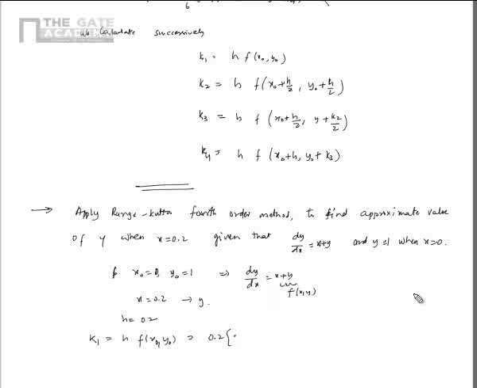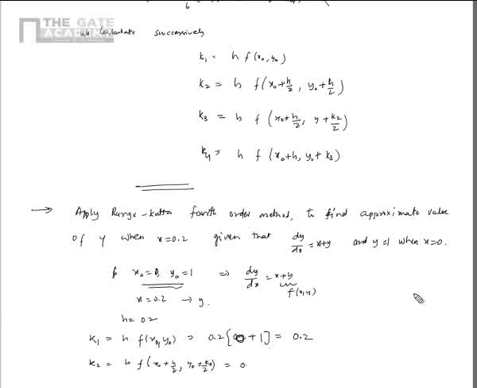So substituting, x naught is 0 and y naught is 1, so this becomes 0.2. Now k2 will be h times f of x naught plus h by 2, y naught plus k1 by 2.